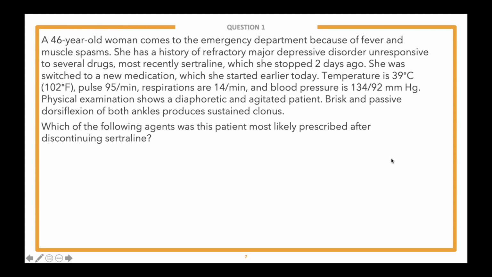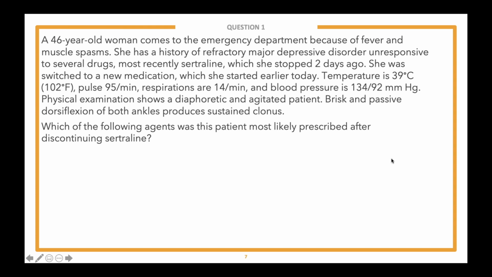Pulse is 95 per minute. Respirations are 14 per minute, and blood pressure is 134/92. Physical examination shows a diaphoretic and agitated patient. Brisk and passive dorsiflexion of both ankles produces sustained clonus.